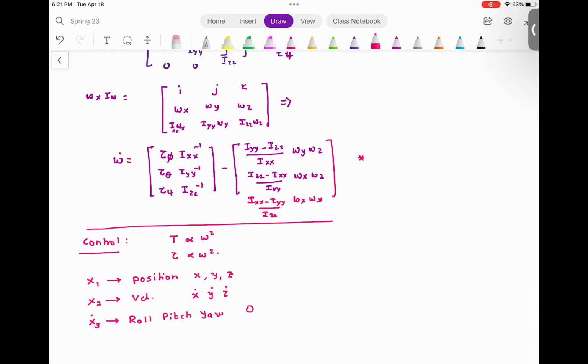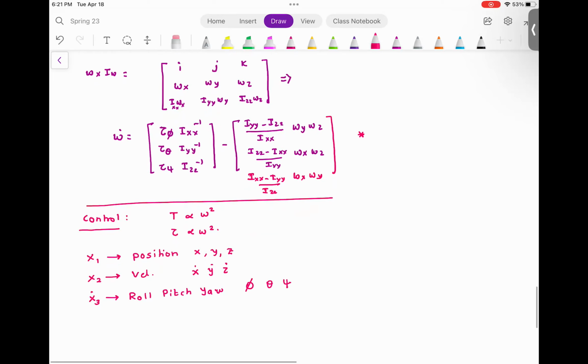And x4 is the angular velocity, which is omega x, omega y, omega z.